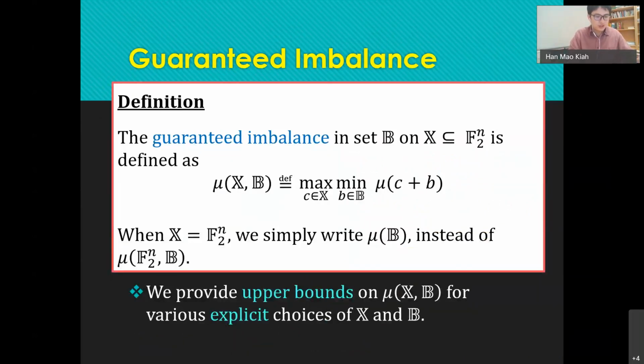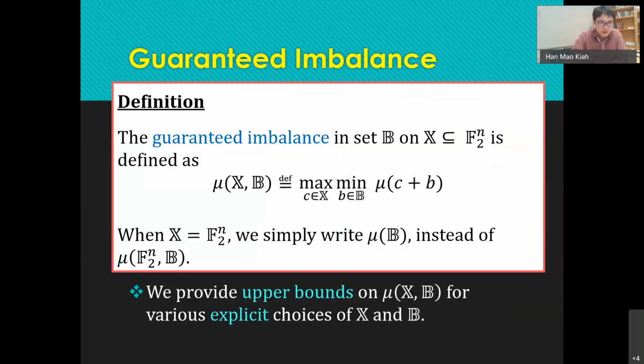So our game plan is this. We'll pick some balancing set B that's spanned by some rows of the polar matrix, and look at some space X. What we want to determine is this quantity, mu of X, B, which I'm going to call the guaranteed imbalance.